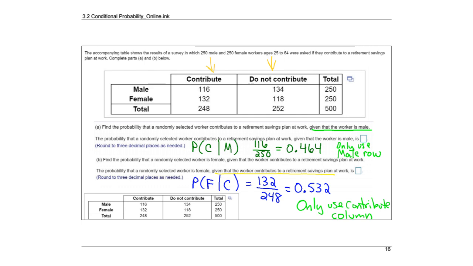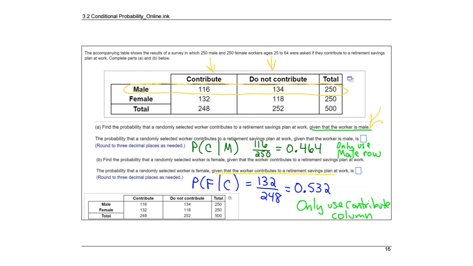Okay, so for the first one, they said, find the probability that a randomly selected worker contributes to a retirement savings plan at work, given that the worker is male. Okay, so remember with these tables, you have to start with the given that. So given that the worker is male means that I only want to use this row.